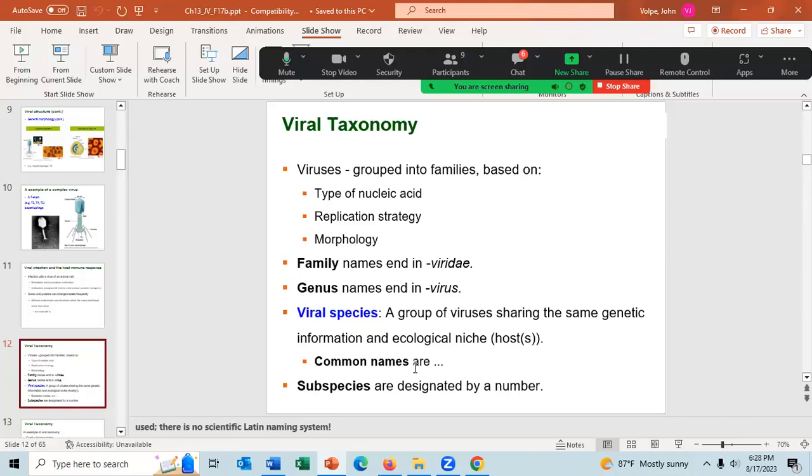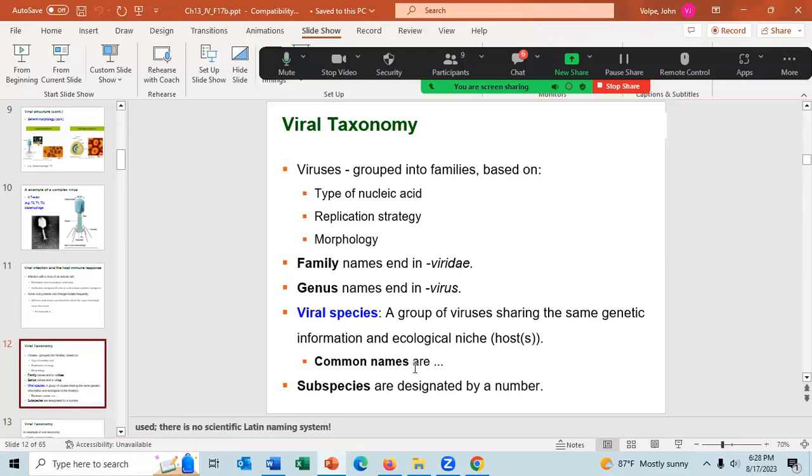With the viral species, we can also group them into subspecies. That would be like human races, meaning the black race and the white race and the East Asian race. That's what a subspecies is. With the virus, though, the subspecies is very important.